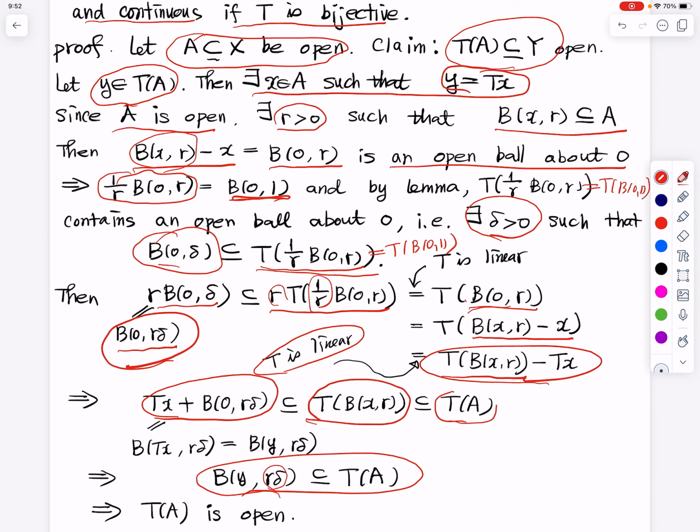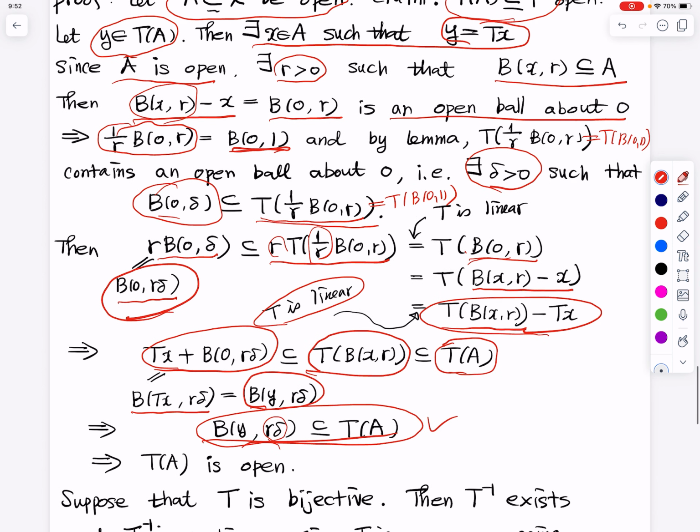This is again a subset of TA. So finally, this one is the same as B(Tx, r delta), so this is B(y, r delta). So finally, we have B(y, r delta) belongs to TA. So that implies TA is an open set.